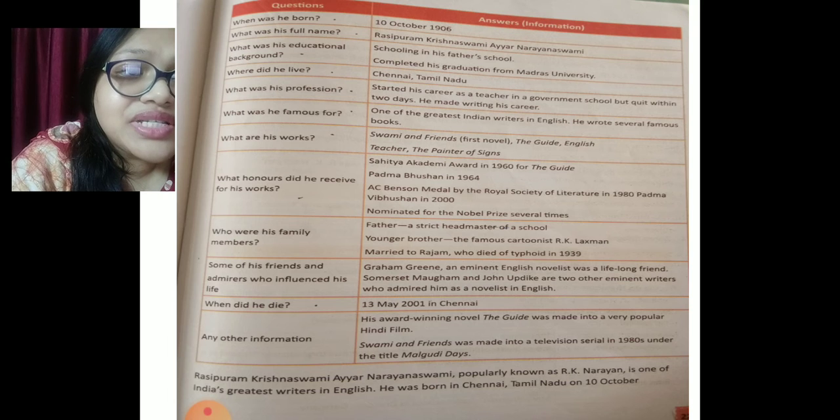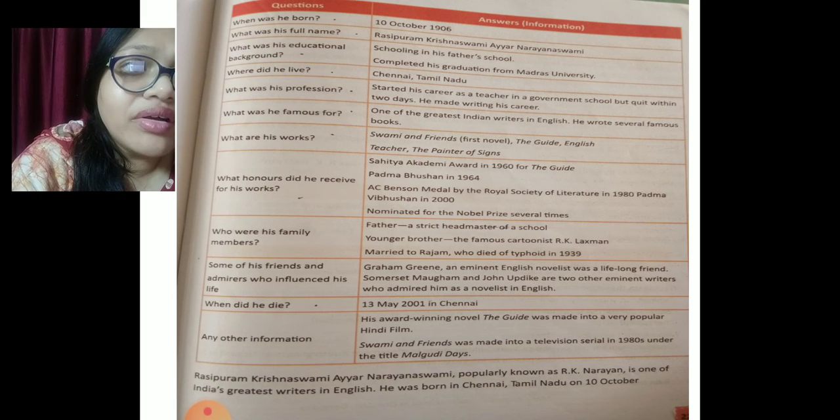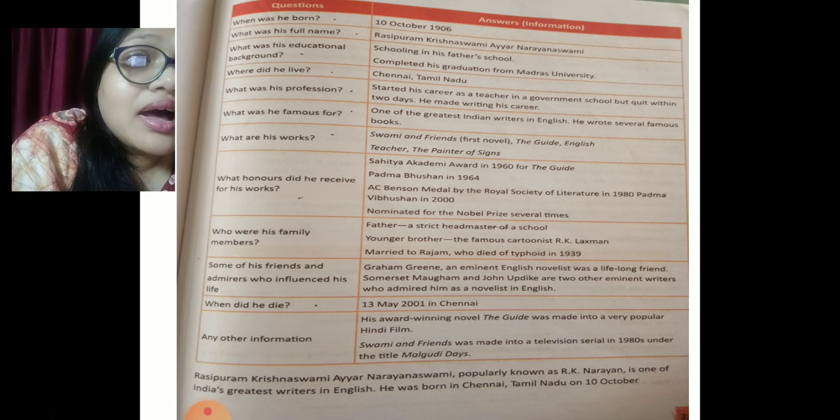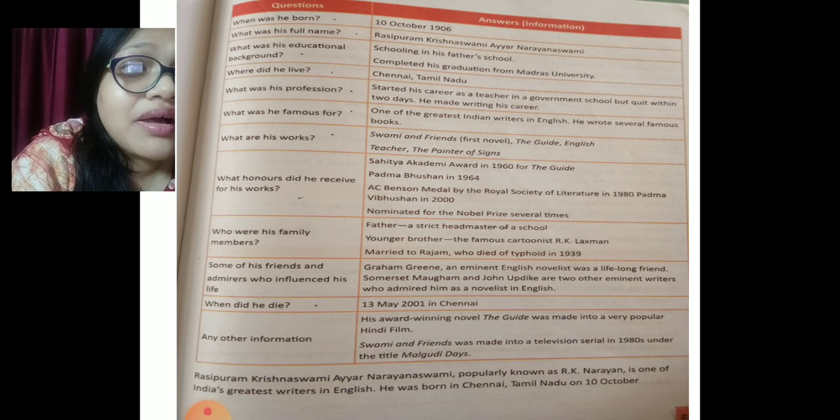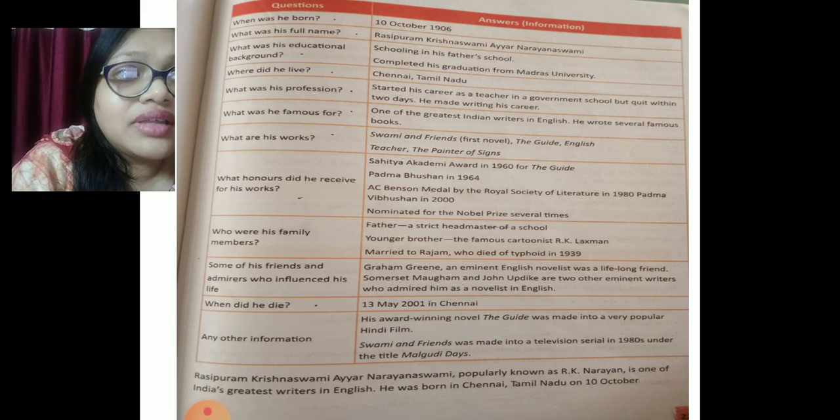His career was as a teacher in a government school, but he quit it within 2 days. He made writing his career. What was he famous for? He is the most famous Indian writer and wrote several famous books. What are his works? Swami and Friends, The Guide, The English Teacher, The Painter of Signs.